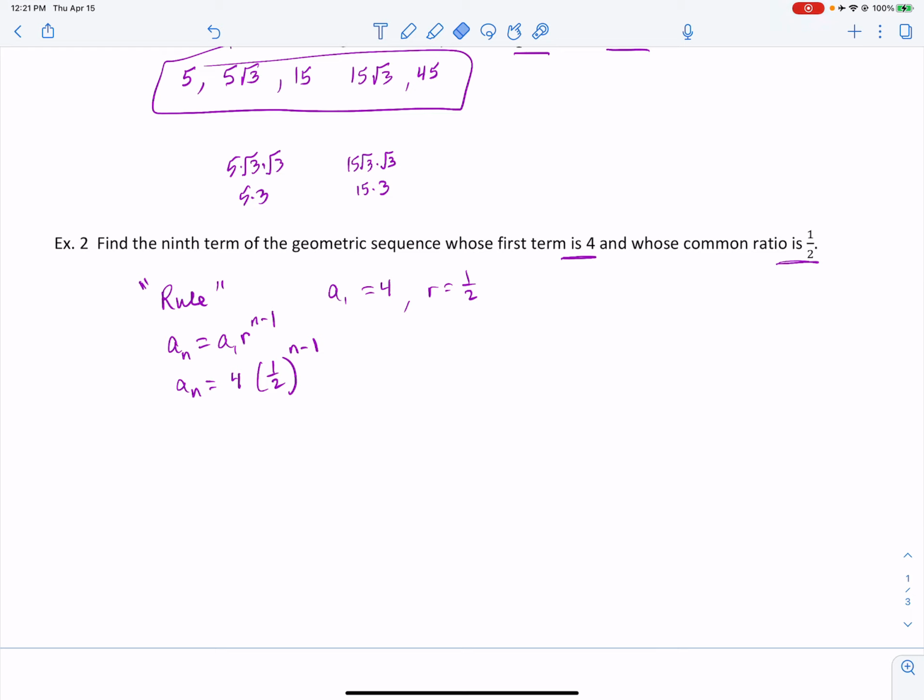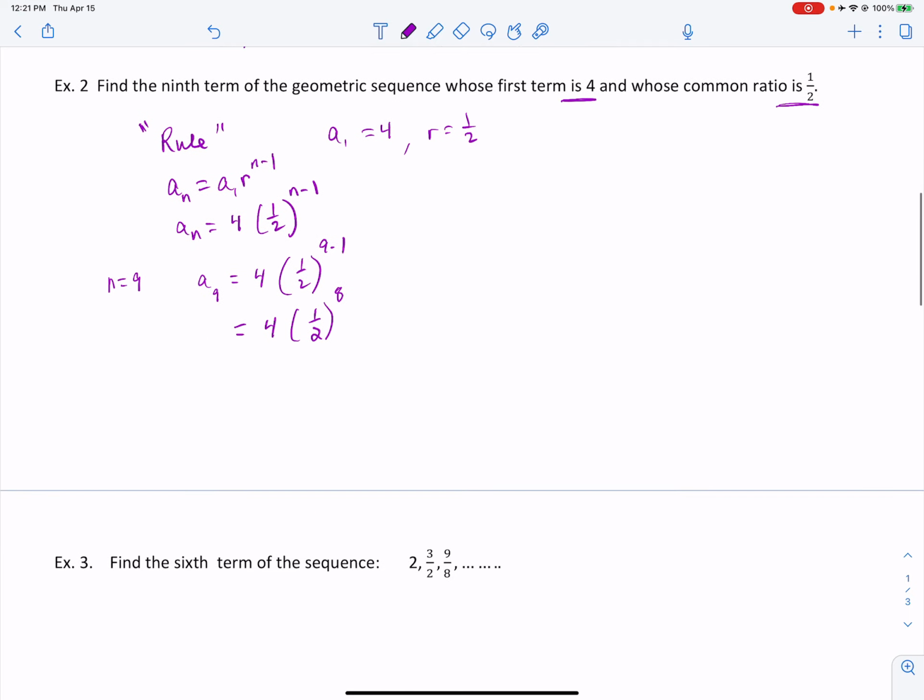Now we want the 9th term, so that is when n is 9. So a sub 9 is 4 times (1/2) to the 9 minus 1, so 4 times (1/2) to the 8th. That is 4 times 1 to the 8th over 2 to the 8th.